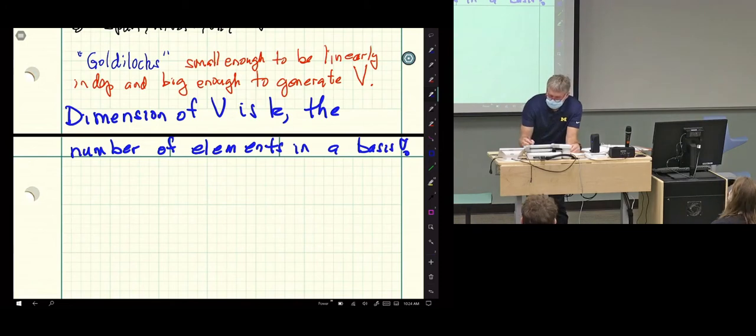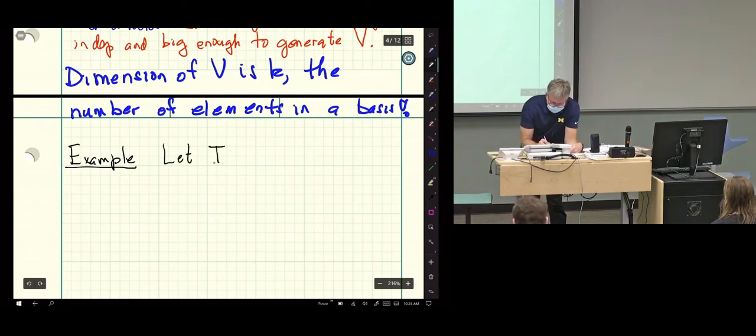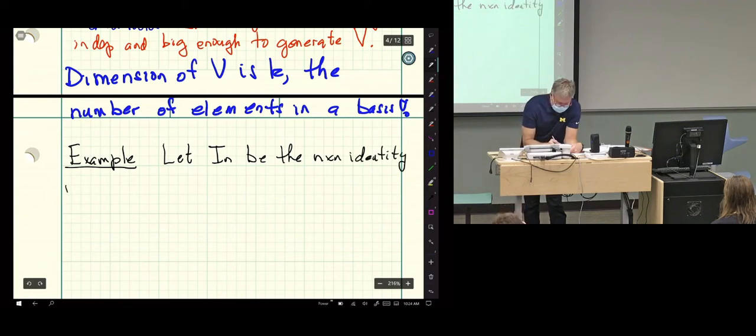Do we have basis vectors lying around for Rn? So let's just check that. Example. So let's let In be the n by n identity matrix, and ei is the ith column.